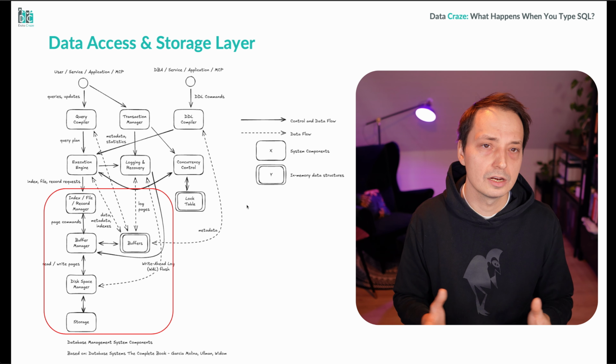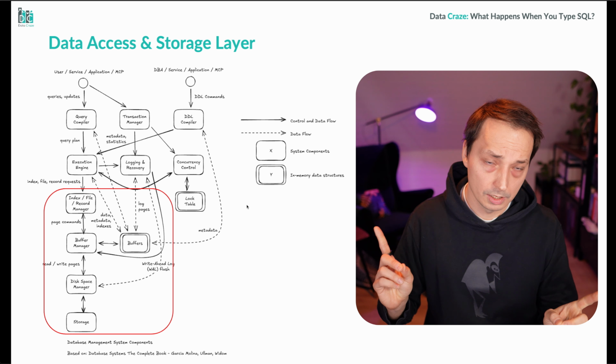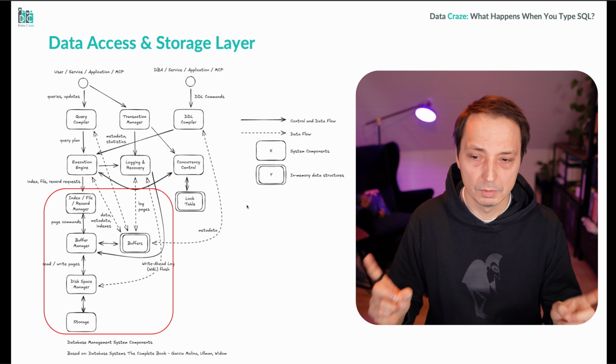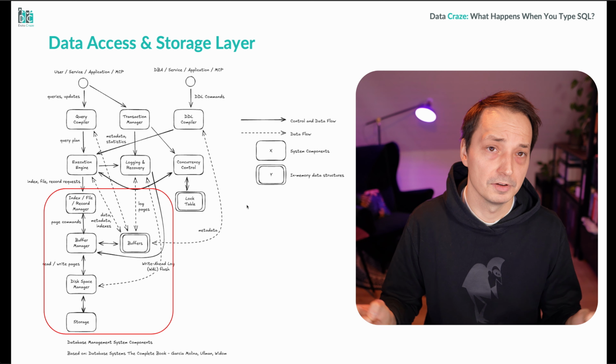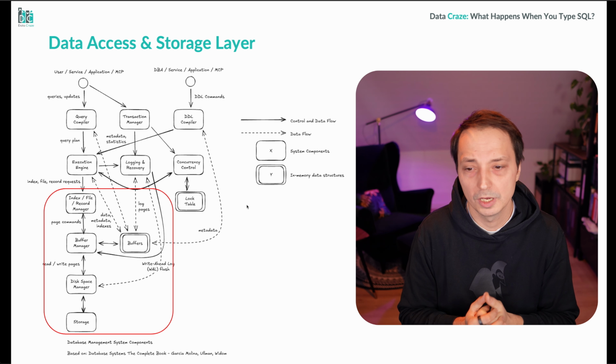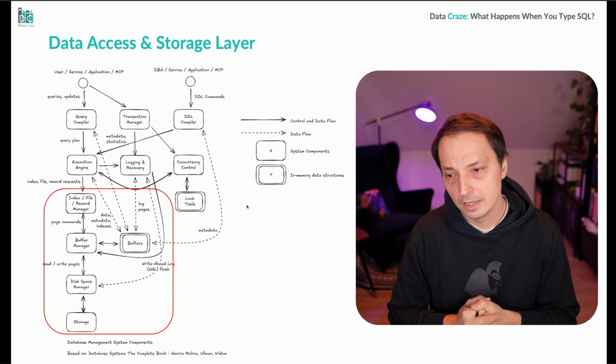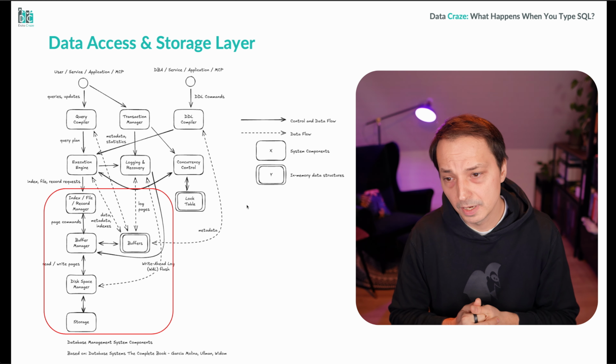Buffers in general are in-memory data structures, for caching etc. So this is the communication between the buffer manager and the buffers. There can be information about metadata, indexes, log pages, etc. The index file and record manager is the sort of organizer.